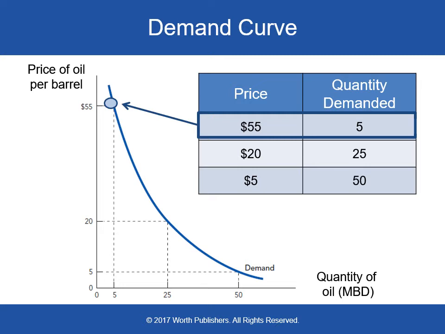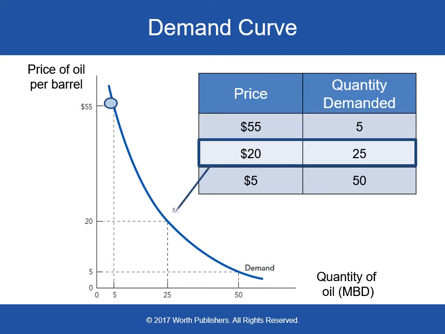Now, any point along that curve will tell you a similar fact about a relationship between some hypothetical price of oil per barrel and what will be the quantity of oil demanded. And you can see the inverse relationship between the market price and quantity. Quote a market price, we read off from this diagram what quantity of oil demanded will be.